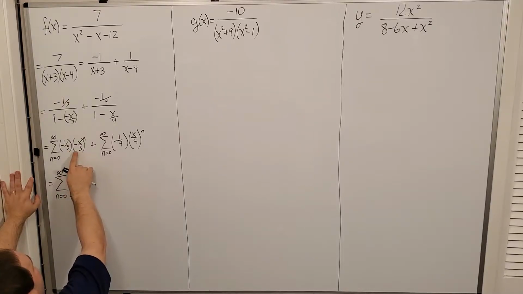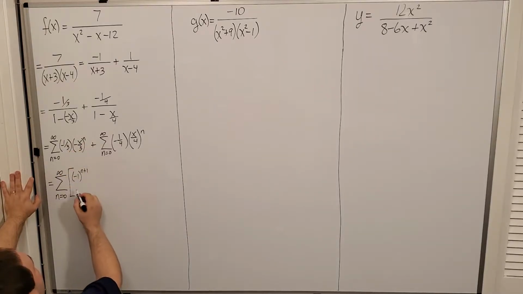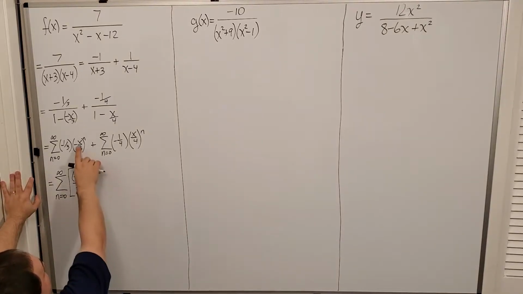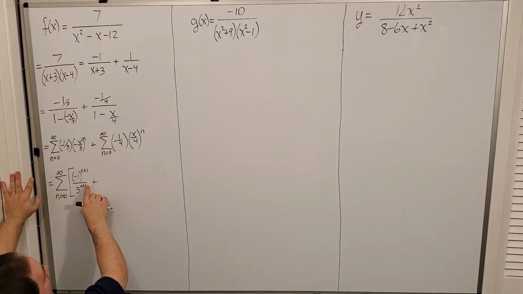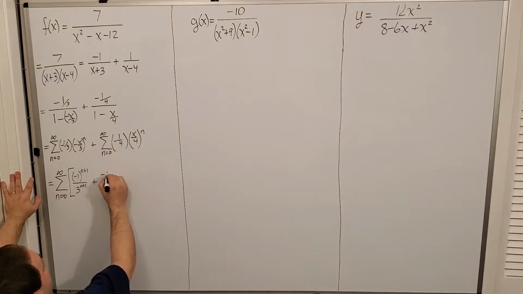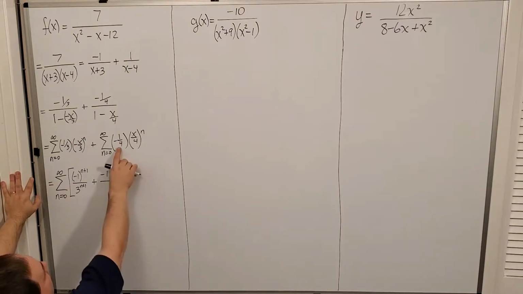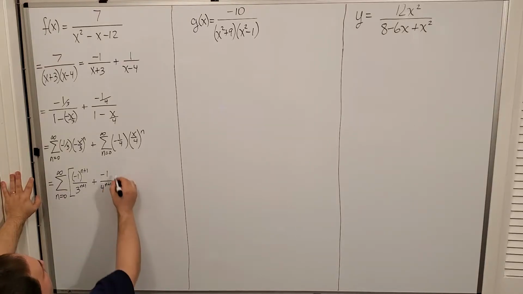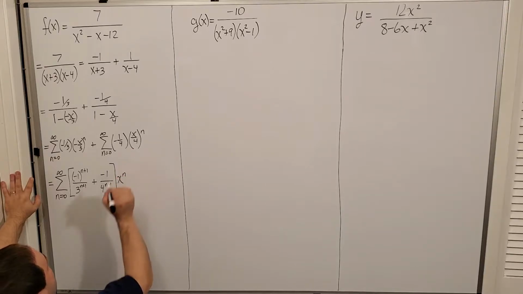And then I've also got 3 to the n plus 1, like so. Plus, I hope you noticed I skipped the x to the n yet, right? Watch. I've got a negative 1 over 4 to the n plus 1. Okay, I'm going to close this bracket, and then I'm going to put x to the n.